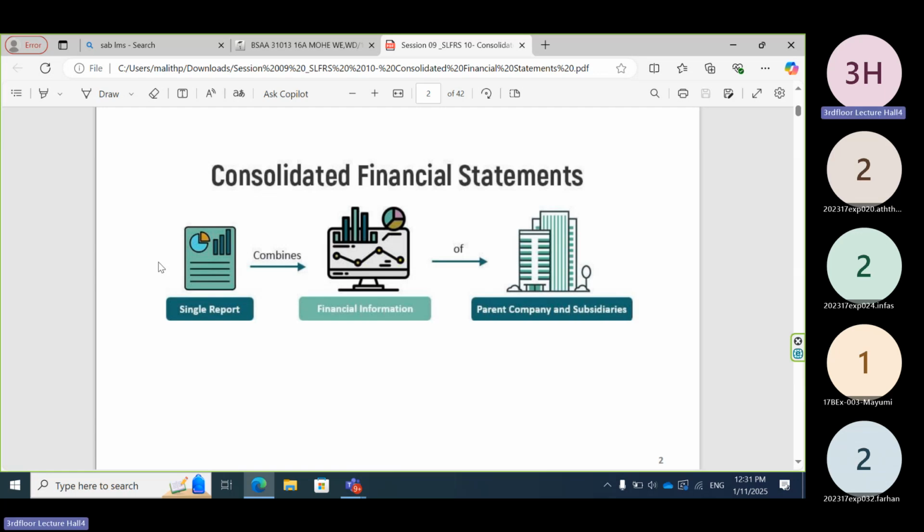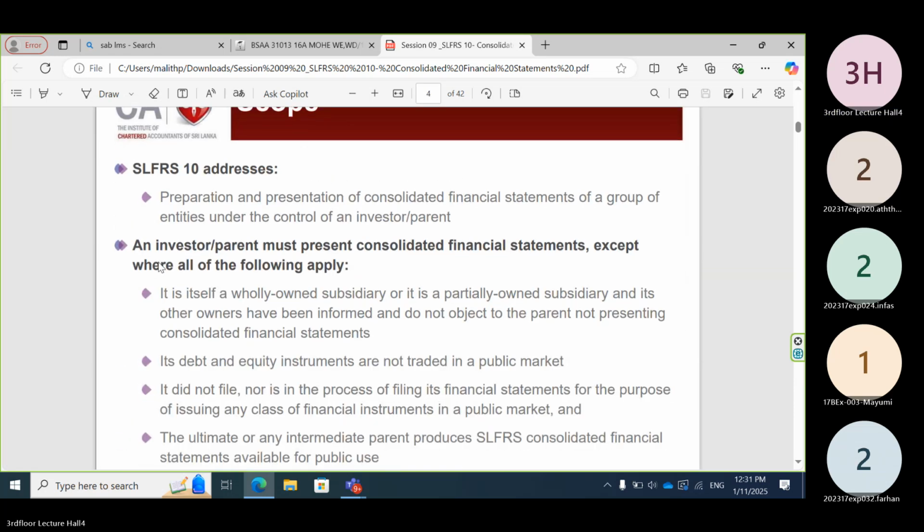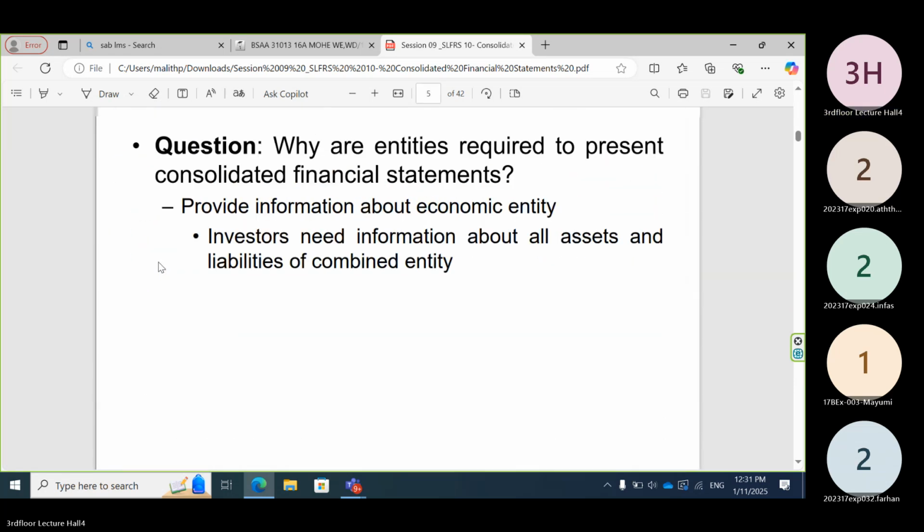In this standard, there may be some other business combination. It may be acquisition of subsidiary, it may be acquisition in some other way. It's a business combination, right? Merger, acquisition, different business combinations. But if it is a subsidiary acquisition, you need to do consolidation, right? Last week we discussed why we need to do consolidation. What's the reason?